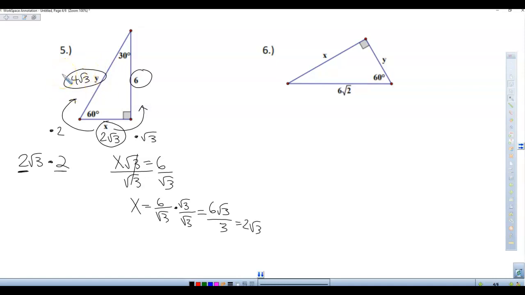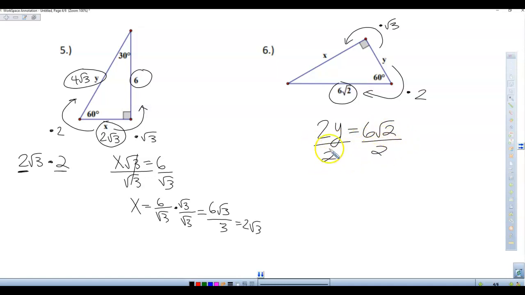And then for number 6, here's my short leg here. So to go from here to here, from the short leg to the hypotenuse, I double it. And from the short leg to the long leg, I multiply by root 3. So my hypotenuse is the number I have. So what I'm going to do is say, okay, the short leg, y, times 2 is equal to my hypotenuse. And then I will divide both sides by 2.